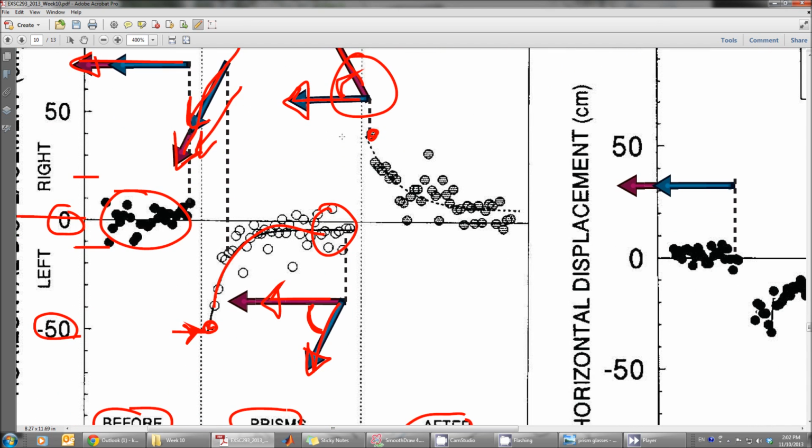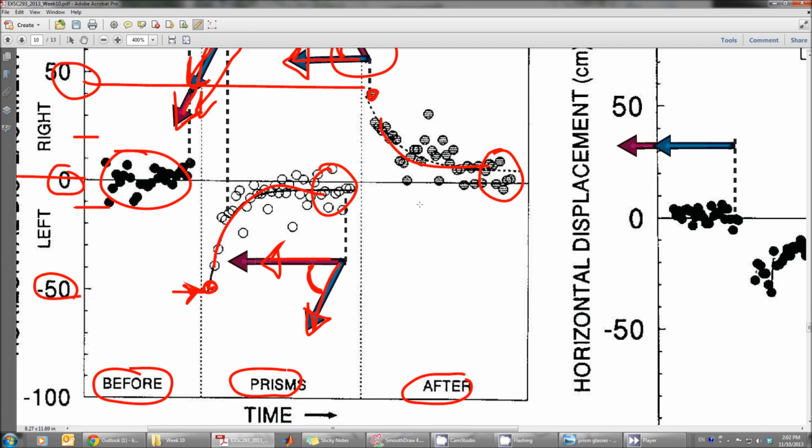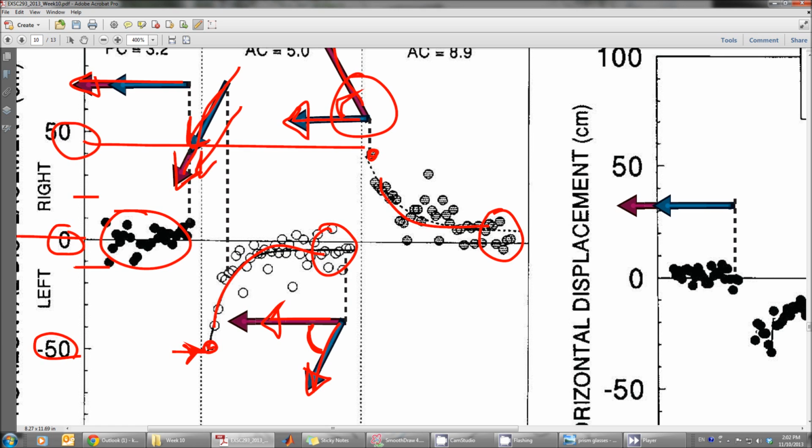Ironically, the first throw is actually veered to the right, which is opposite to the first time they wore the glasses. And within a few trials, like 10 to 30 trials, they get back to normal, so they learn the relationship between the gaze and the throw direction.